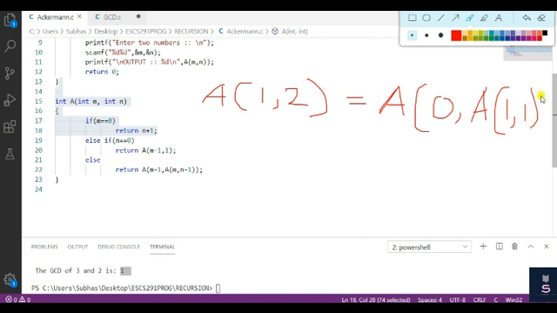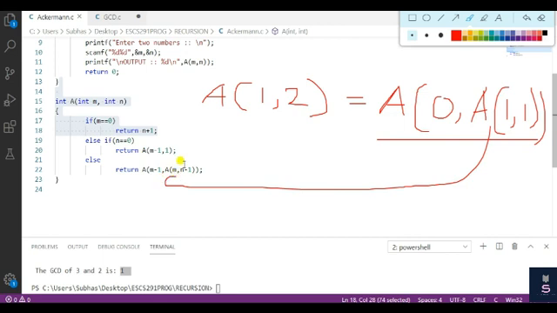So a of 1 comma 2 means a of 0 comma a of 1 comma 1, so that is my formula. Then we have to call this function with m equal to 1 and n also equal to 1. Let me execute this one.